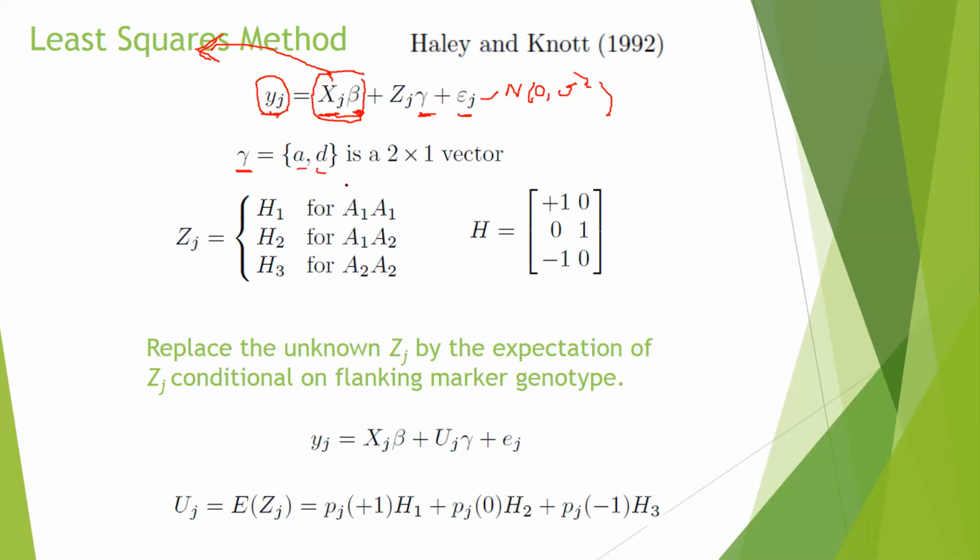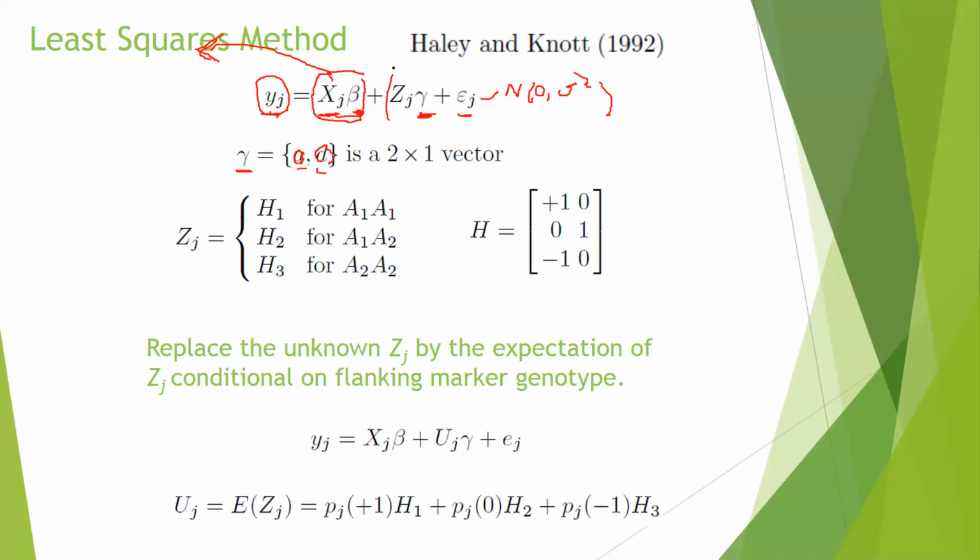Everybody should be very comfortable with these two terms right now, right? So we use gamma, which is a vector of length 2, to represent the coefficients, the parameters for the additive effects and the dominant effects. So this is gamma.